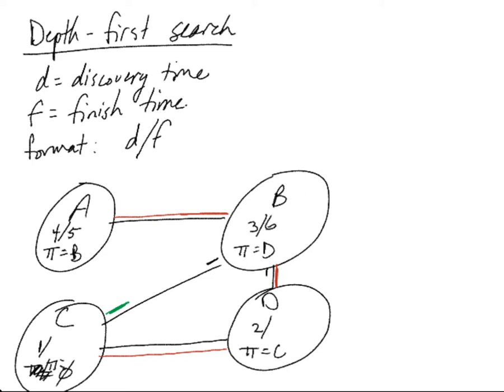We go back to D, it gets a finish time of 7. We go back to C, it gets a finish time of 8. And the tree that it creates is given in red. We have that edge, and that edge. And that's the depth first search tree.